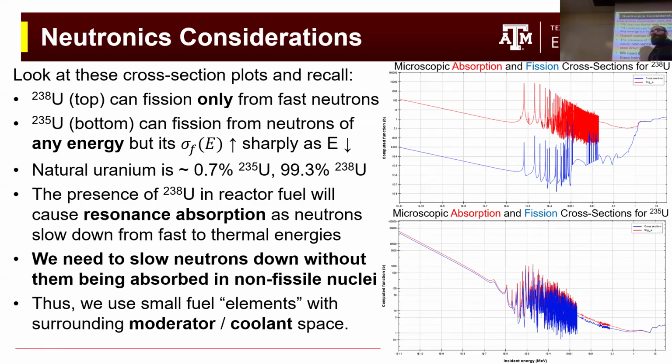Notice that for uranium-238, we talked about how 238 is basically fissionable: it only really will fission if it absorbs a neutron that is very fast. Look at this plot. Red is absorption and blue is fission.